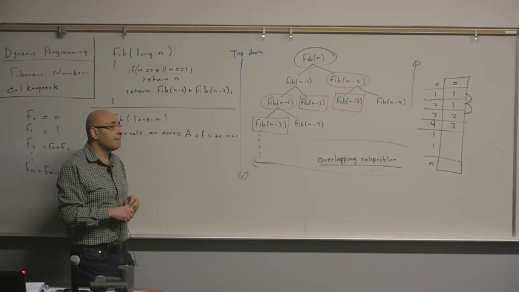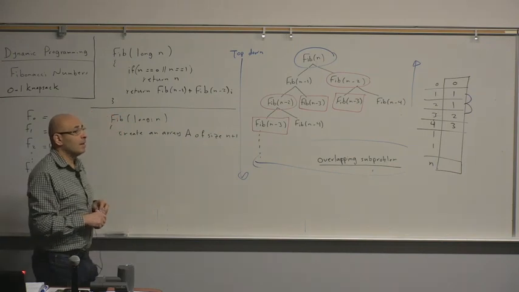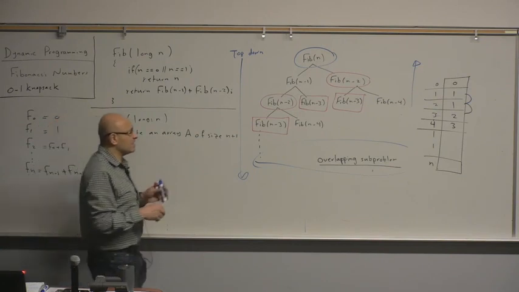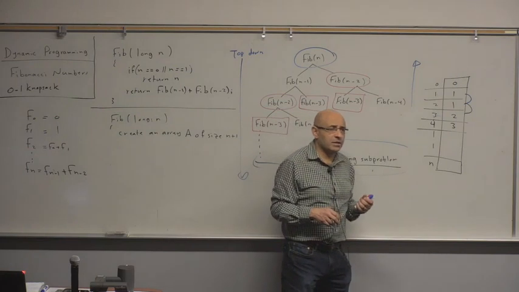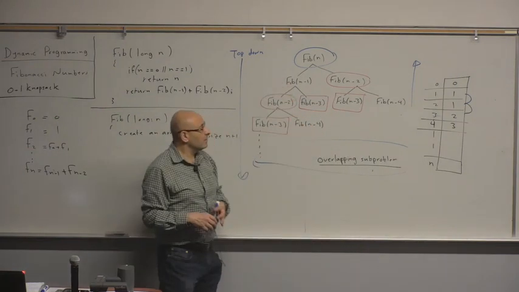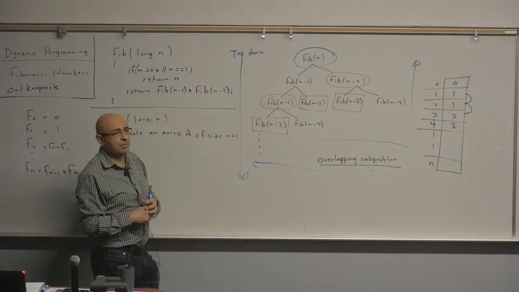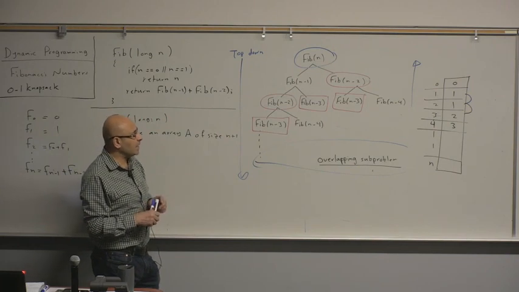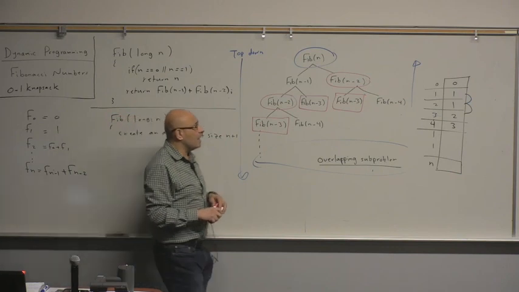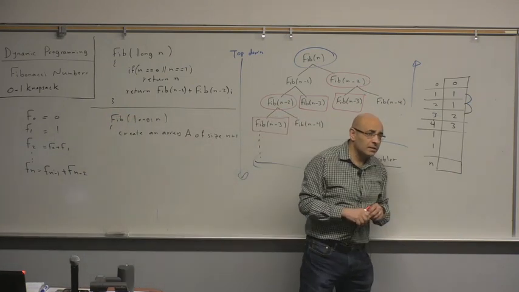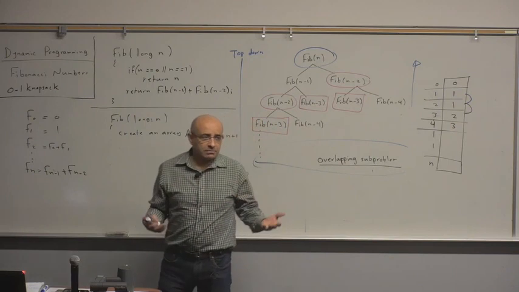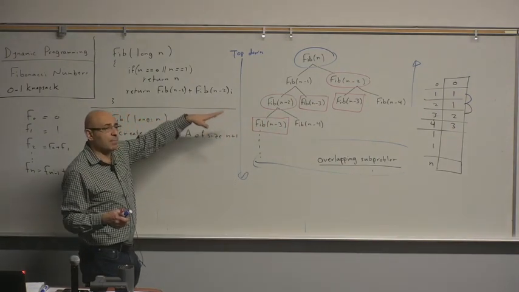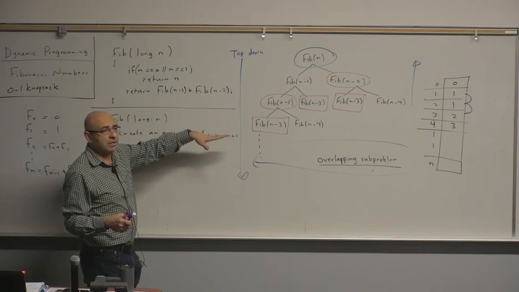Yeah. So this means we're not using recursion? Is that what this means? Well, it's not just a matter of recursion versus non-recursion. Here, using recursion resulted in these overlapping subproblems, but you can implement the same approach without recursion.